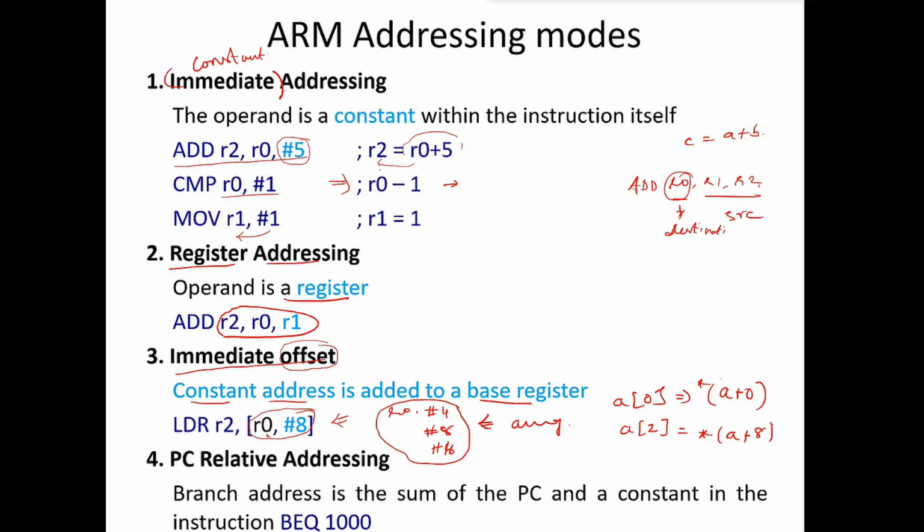Whatever high level programming languages we are writing, for every construct, even for pointers, for everything, there will be equivalent addressing modes, because those are the ways to specify the operands. Here also you may get a question like this.